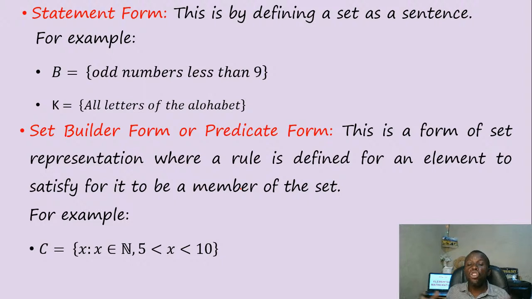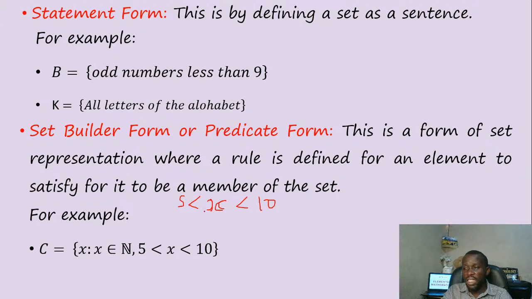So you have to look for the numbers that are in between. But remember that if 5 is less than x, it means that x is greater than 5. I believe you still remember how to do those things. If you have 5 less than x and then less than 10, normally when you are calculating the value for x, it's usually on the left side, right?